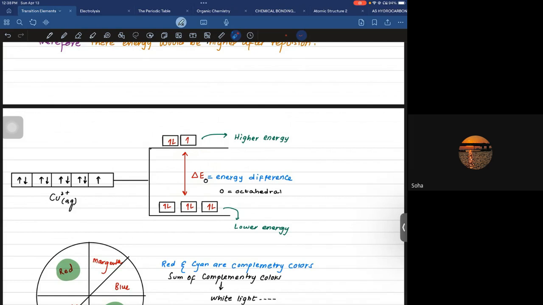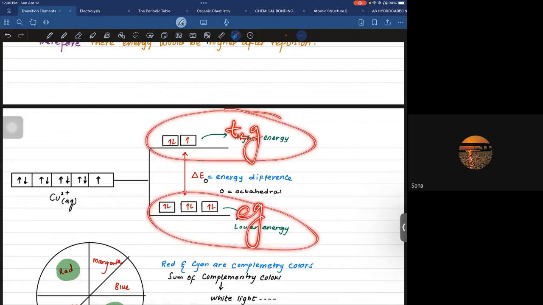It depends on the difference in energy between the two sets of orbitals. This is called t2g, the set of three orbitals, and this is called eg, the set of two orbitals.